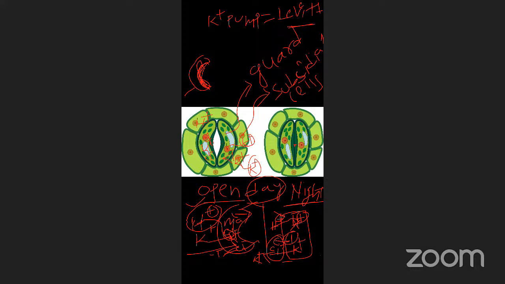What is the definition? Write down on paper. Water movement, high water potential, inside bracket plus, to low water potential, minus.